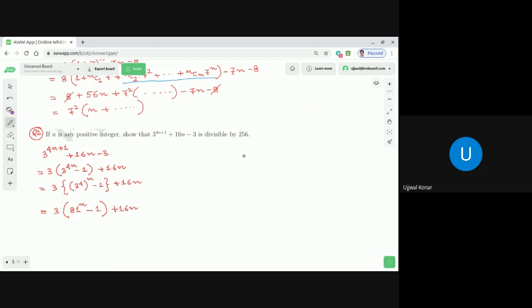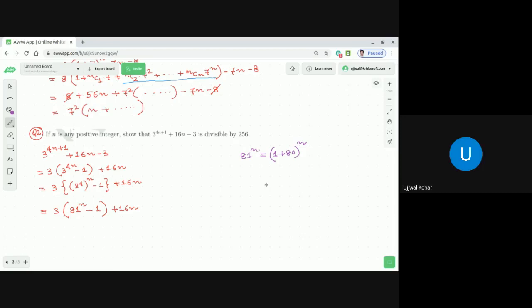And that you also need to apply in future problems. 81 power n means 80 plus 1 power n. Correct or not? So let me write 1 plus 80 power n. 1 plus 80 is the better way of writing, so that powers of 80 will come.